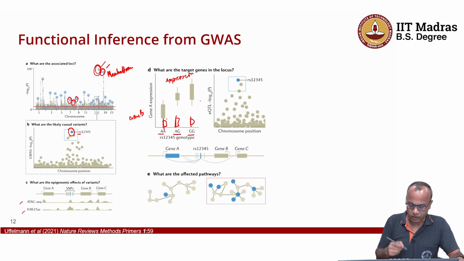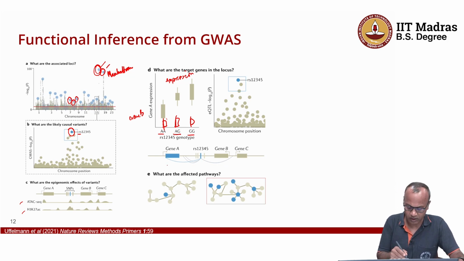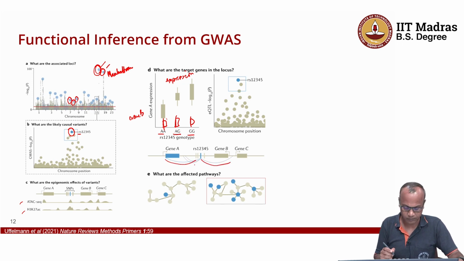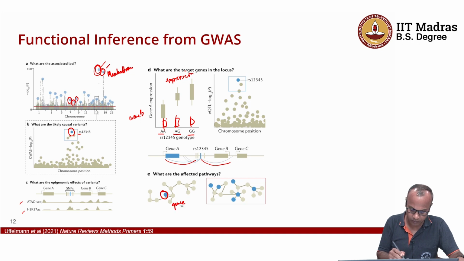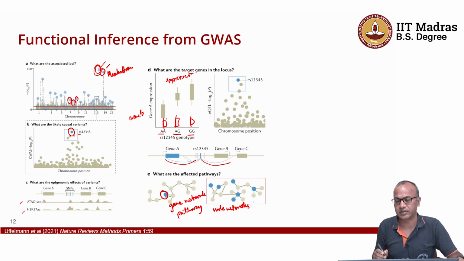And again, using epigenetic maps, which can be defined using epigenomes, you can start building associations with various loci in the genome. Finally, because we now know the identity of a gene, and we already know from other studies that gene network maps are present in a cell, we can start identifying which pathways and molecular networks are being specifically perturbed by this particular variant.